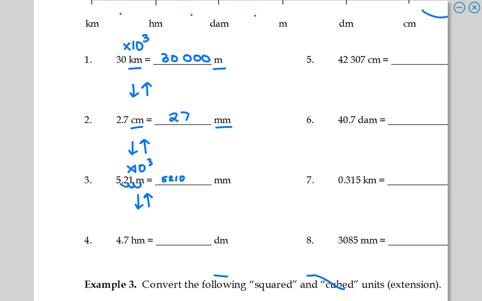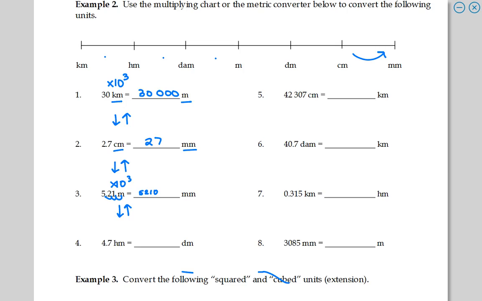Okay, HM stands for hectometer. Nobody uses that. And DM stands for decimeter. Really, nobody uses that. So you'd only see that in like a Math 10, and then you probably never see it again in your life. So just learn it, forget about it later. It's just the way it goes. The other one is DAM.